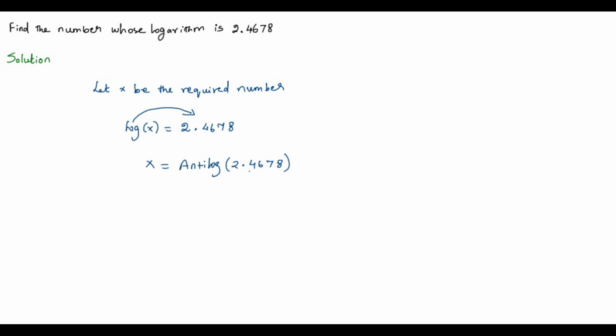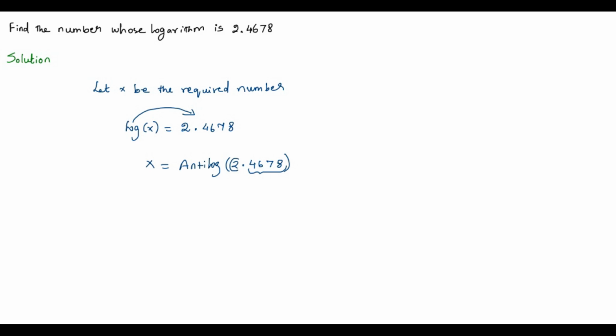Okay, whenever I want to get the value for a particular number in the anti-logarithm table, I have to consider only the digits after the decimal. I am not supposed to consider the digit before the decimal. For example, for this number 2.4678, we need the anti-logarithm. To get it, we consider only the digits 4678 after the decimal.